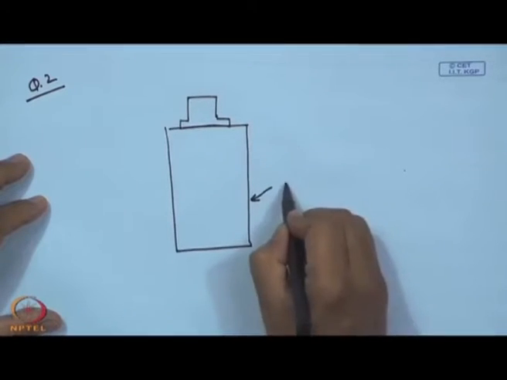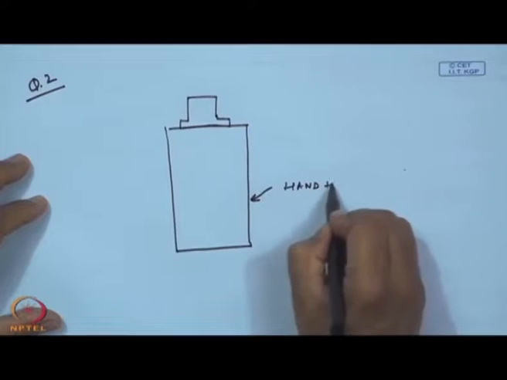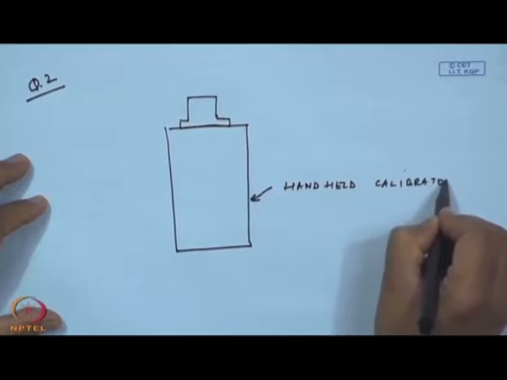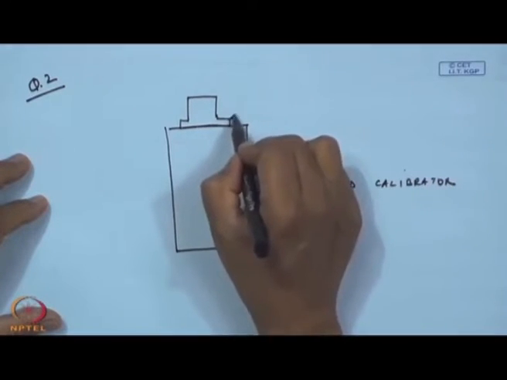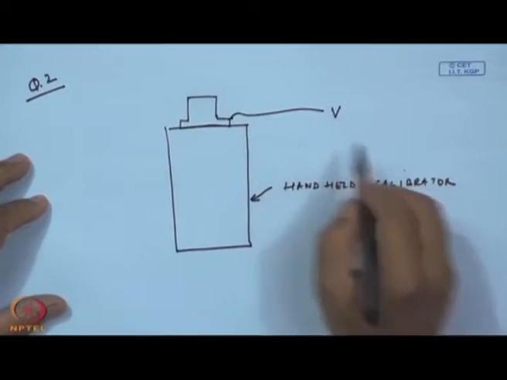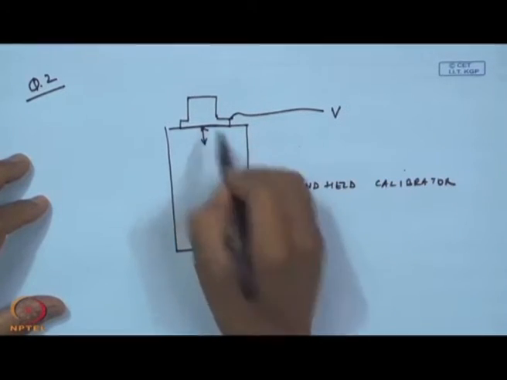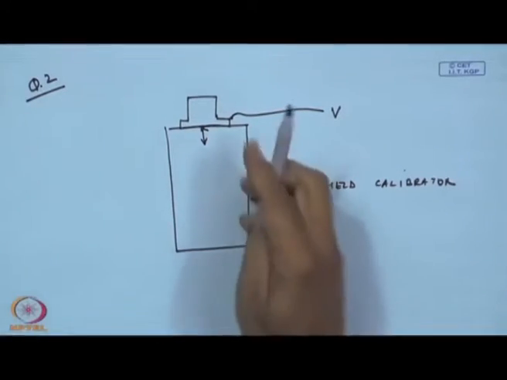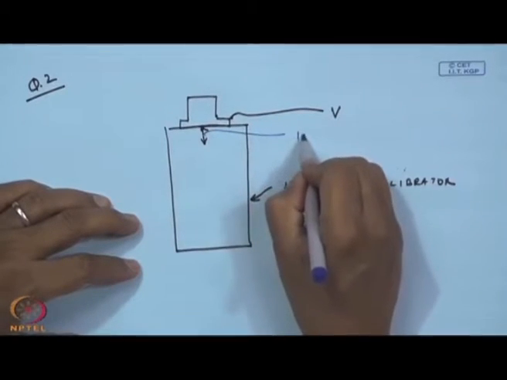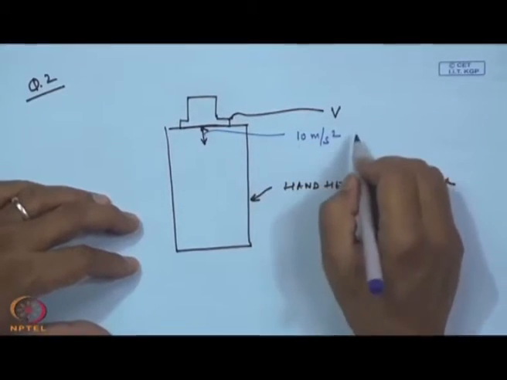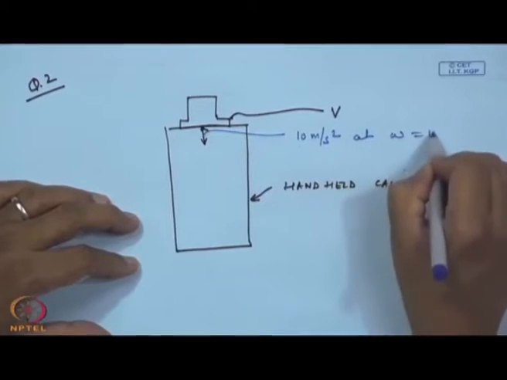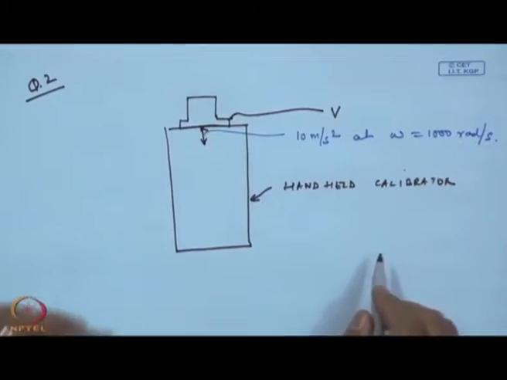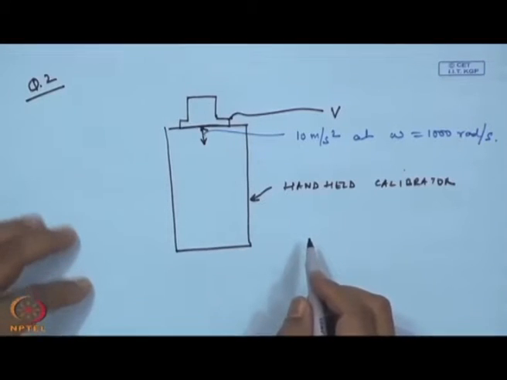This is the handheld calibrator, and this will give a certain voltage or charge signal corresponding to the mechanical vibration to which it is subjected, and this vibration is typically about 10 meters per second square at a circular frequency of 1000 radians per second. So, the question is what is the velocity and what is the displacement.